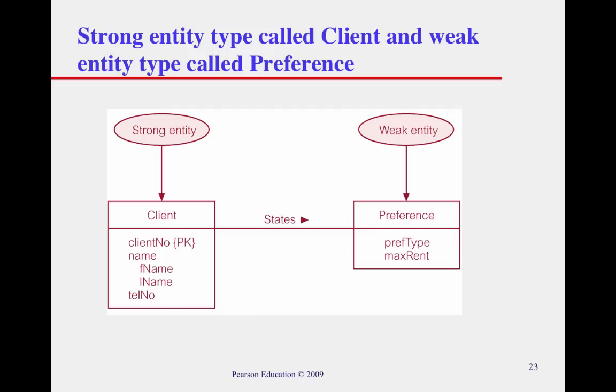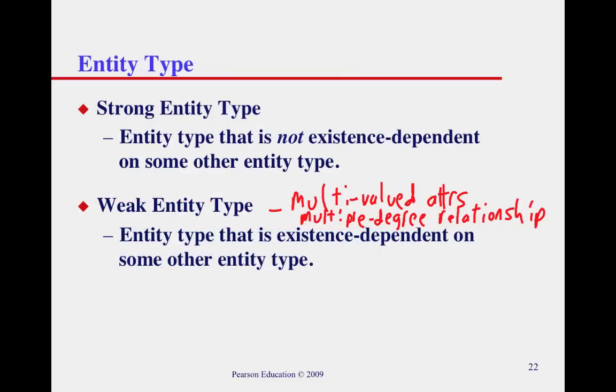Okay, and this is presumably an optional set of attributes, which is why it's being placed in a separate entity rather than into the client entity. So I would say optional attributes get placed in a separate entity.